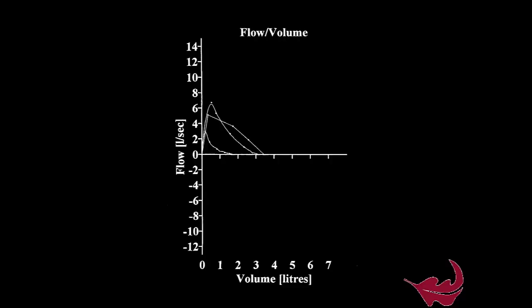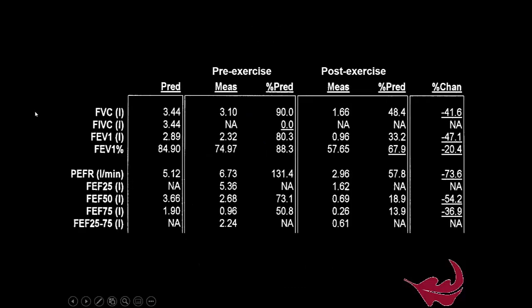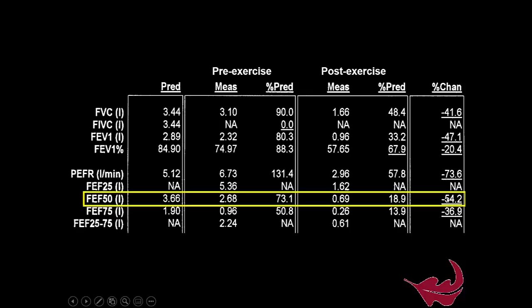Just an example of a case. So this is a person before the exercise. You can see the spirometry looks relatively normal, but the person had a history of bronchospasm during exercise. And you can see in this case, after the exercise, the spirometry actually deteriorated quite significantly. And here you can see the differences pre and post exercise. You can see the FEF 50 and so forth, quite a significant drop in the smaller airways.